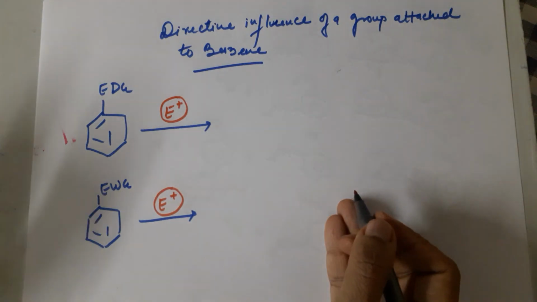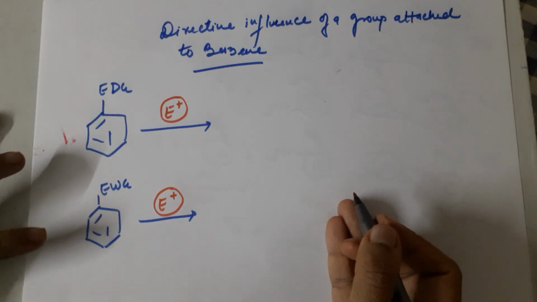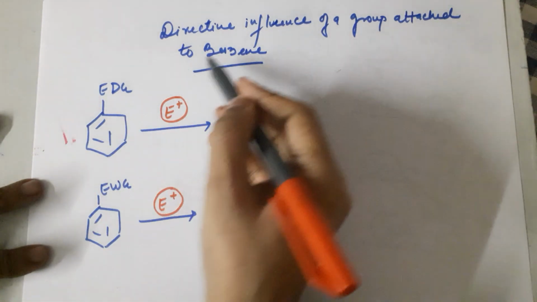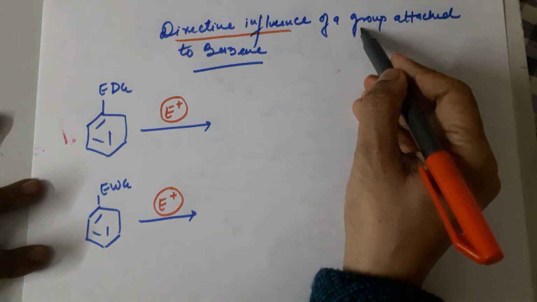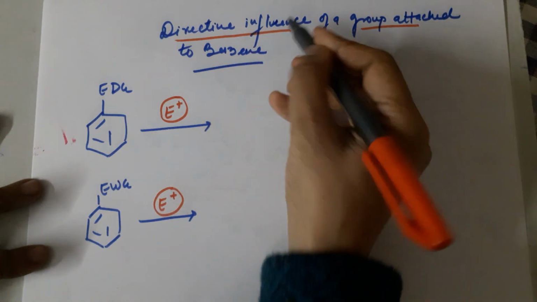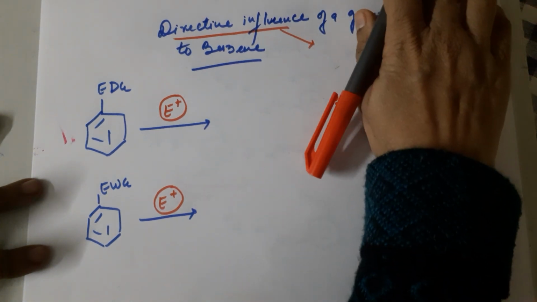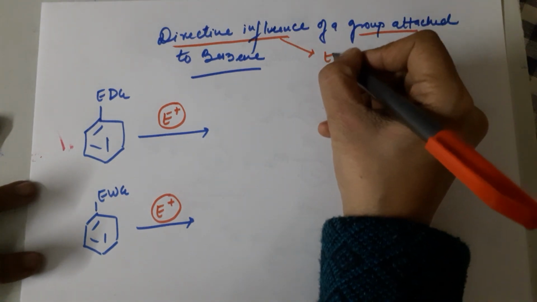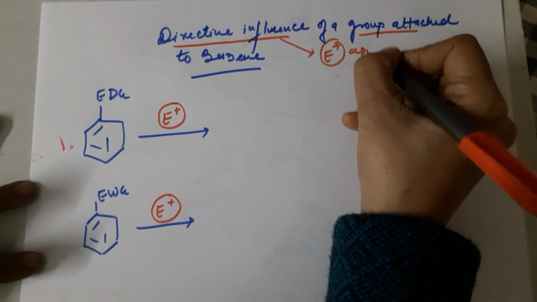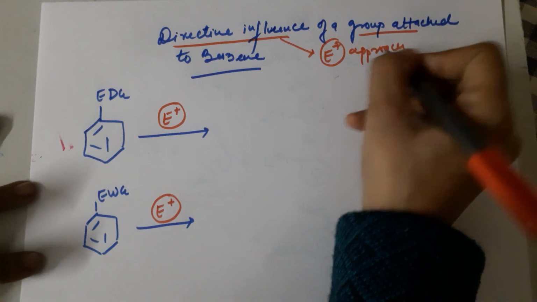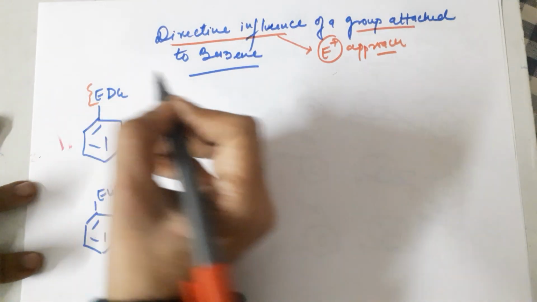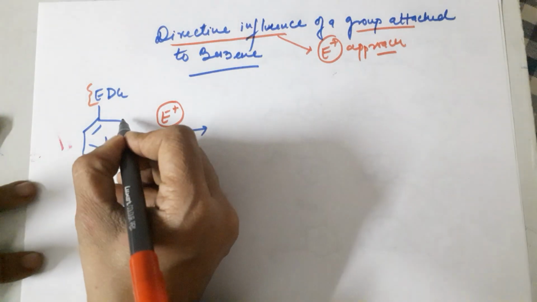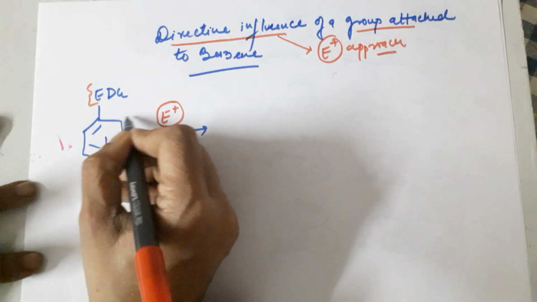Let me just summarize the plus R and minus R effect and the directive influence of a group attached to benzene. This directive influence refers to the E positive approach onto a group. So, if you have a group like this, which is an electron donating group, your ortho para positions become negative.